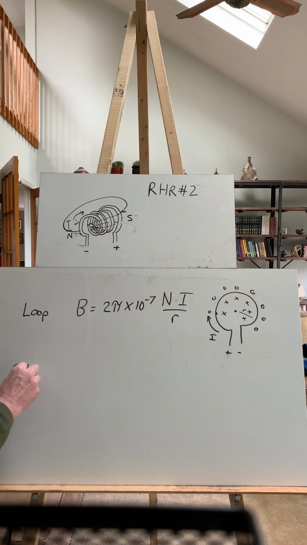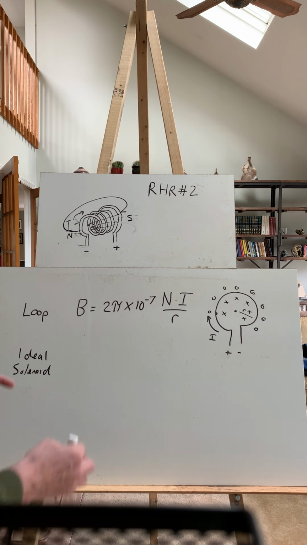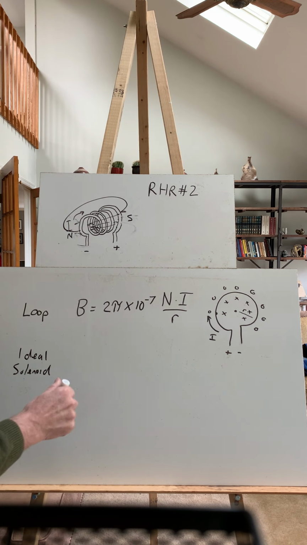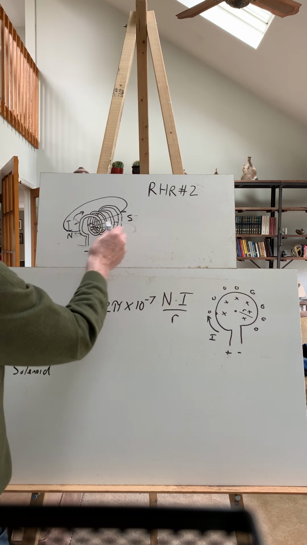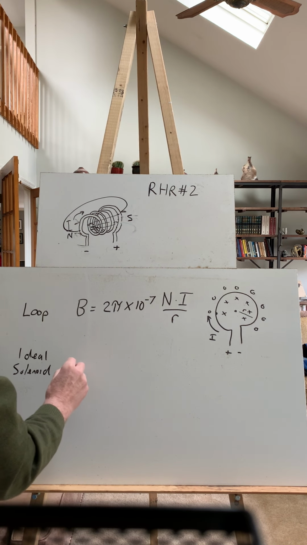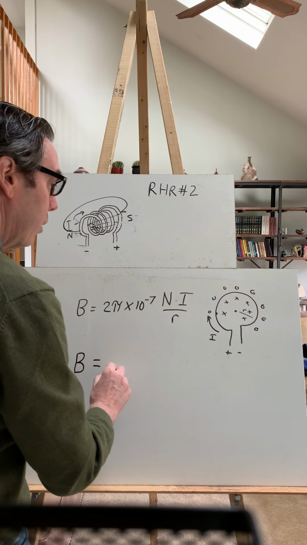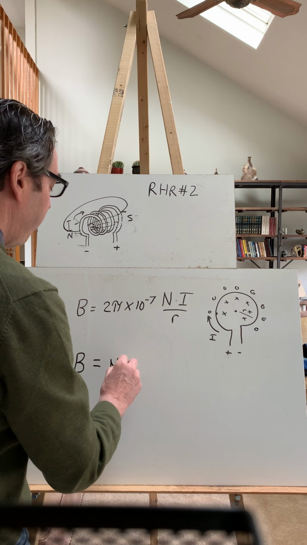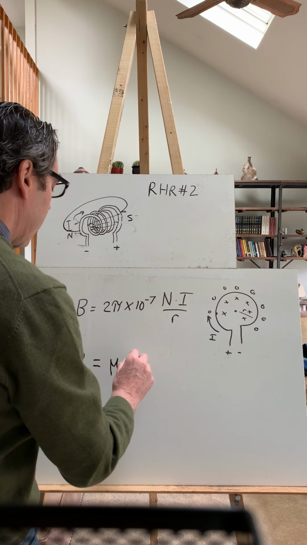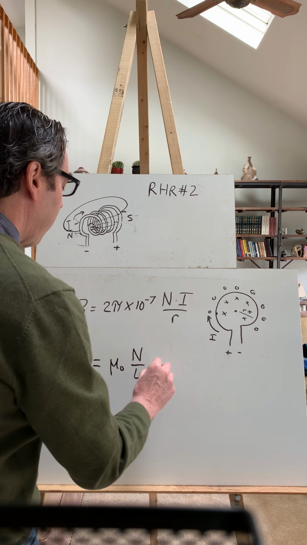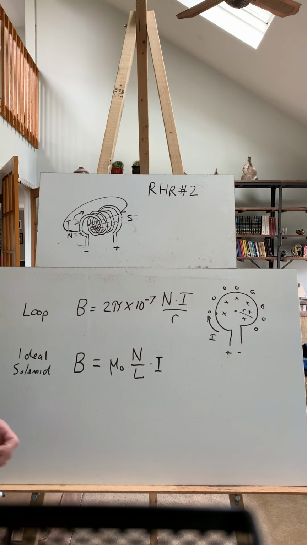But for a solenoid, and I should say an ideal solenoid, and that means that the length of the solenoid is very large compared to the diameter, that factor drops out and we get what's a fairly uniform field in between. And in that case, the magnetic field is going to equal mu 0 times the number of turns per meter times the current, and it does not depend on the radius.